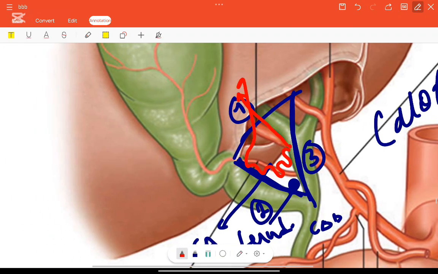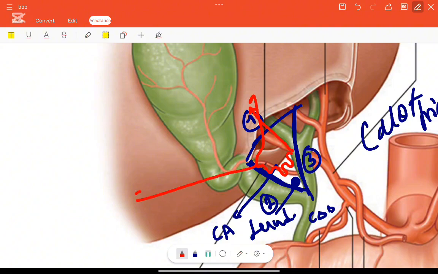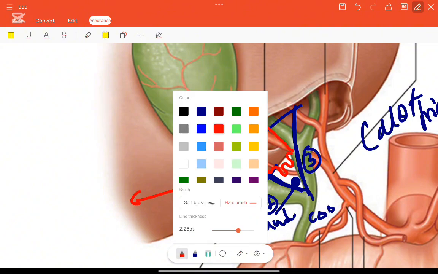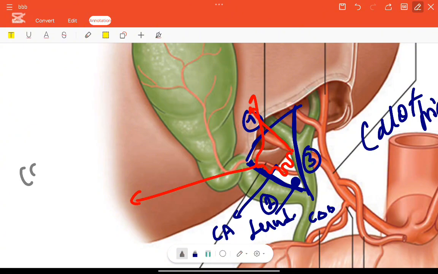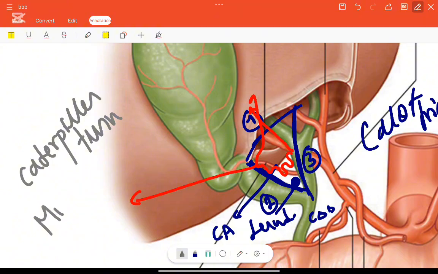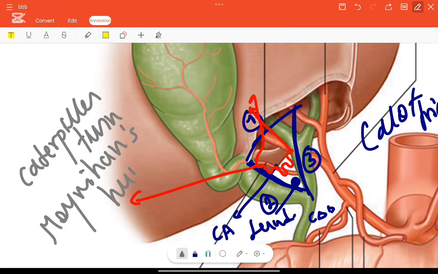This anatomical problem goes by 2 names basically: caterpillar turn, like a caterpillar, or Moynihan's hump. It's one congenital anatomical variant that we need to know about.